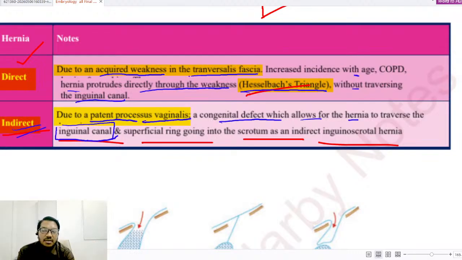Simply, indirect inguinal hernia happens due to processus vaginalis. So indirect hernia is considered a congenital defect because of the presence of processus vaginalis. But direct hernia is acquired. It happens due to increased workload, maybe heavy weight lifter or chronic cough like COPD patient.